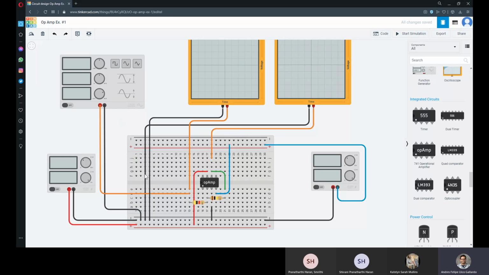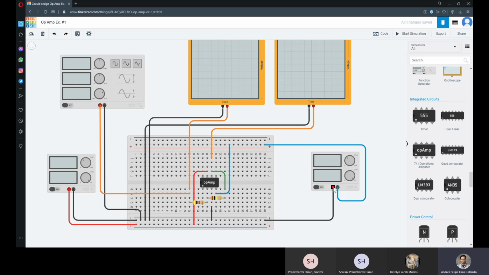But if you want to be able to provide a signal that goes all over the range, positive and negative, you want to be able to provide that.